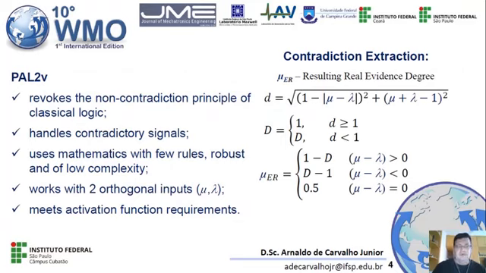So, PAL2V, what is this? It revokes the non-contradiction principle of classical logic. It means that it can handle contradictory signals. The mathematics is very simple and robust, with a few rules. PAL2V receives this name because it works with two orthogonal inputs.